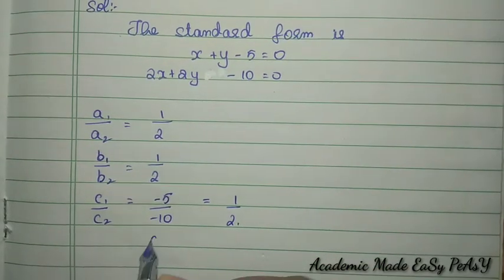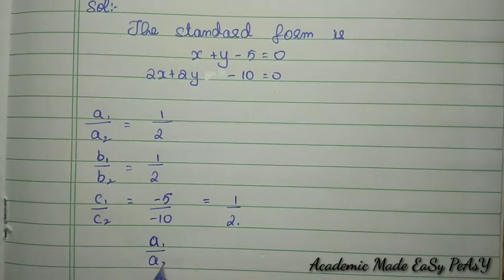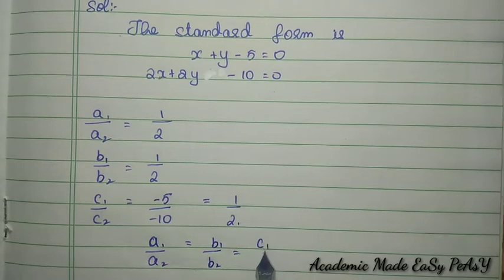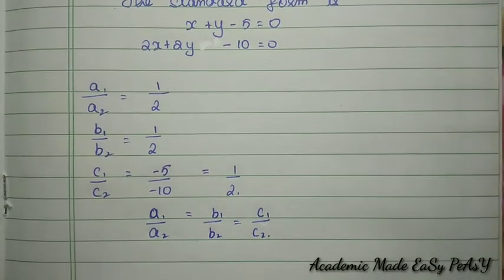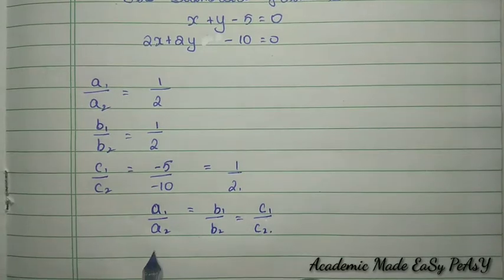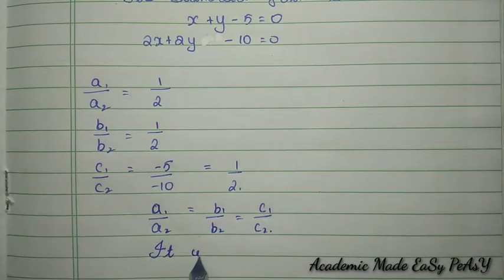Therefore a1 by a2 is equal to b1 by b2 is equal to c1 by c2. So this has infinitely many solutions, since it is consistent.